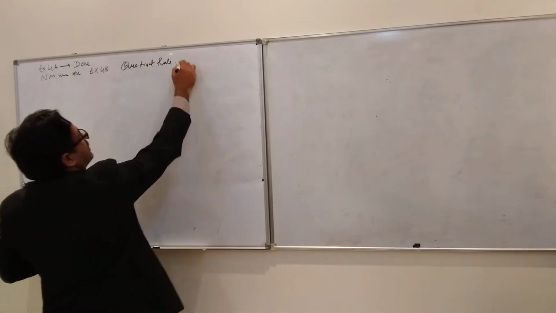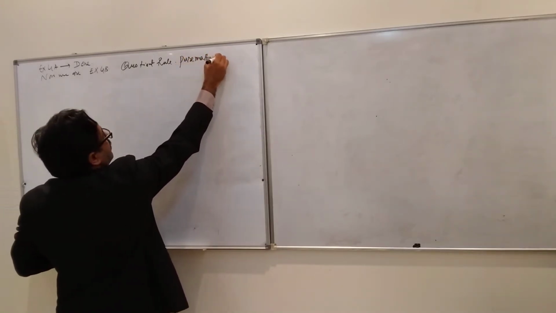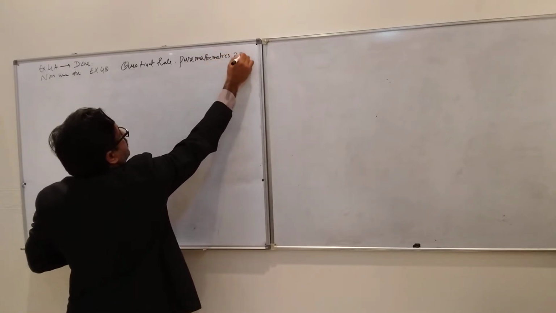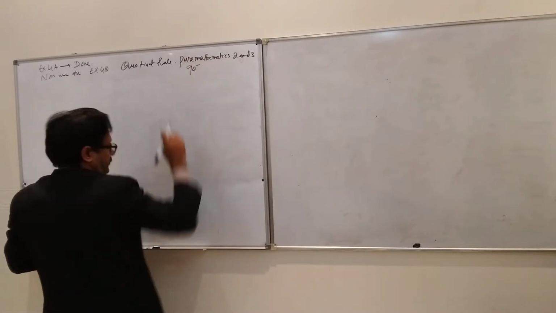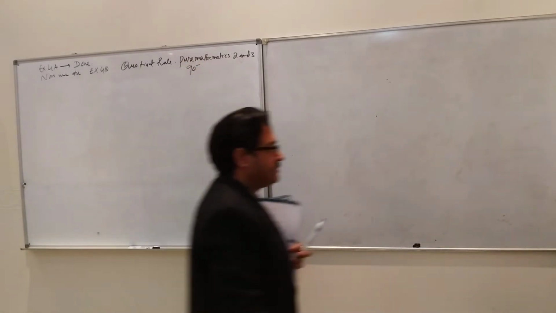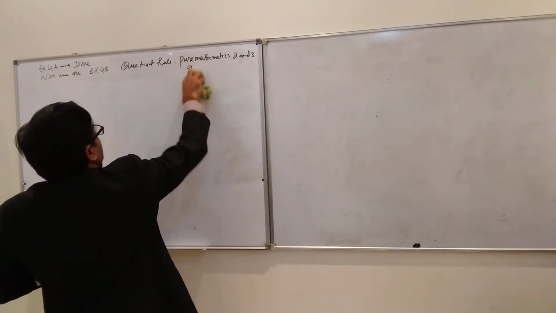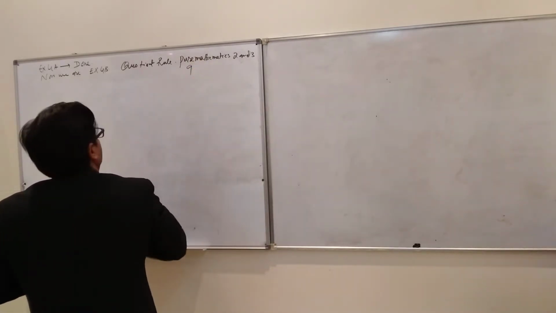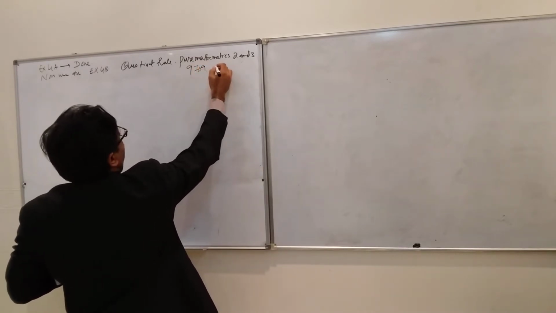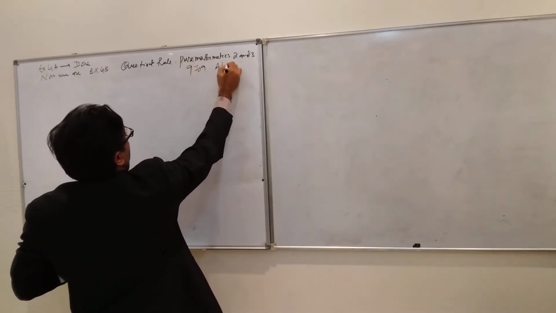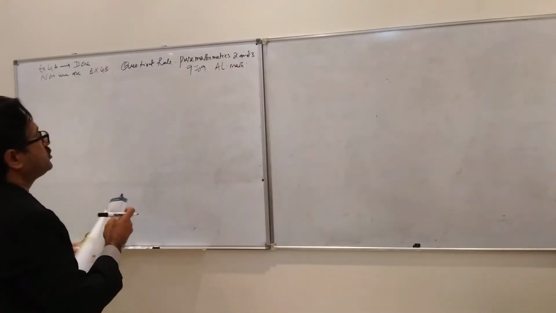And this is pure mathematics 2 and 3, code 9709, AL math.